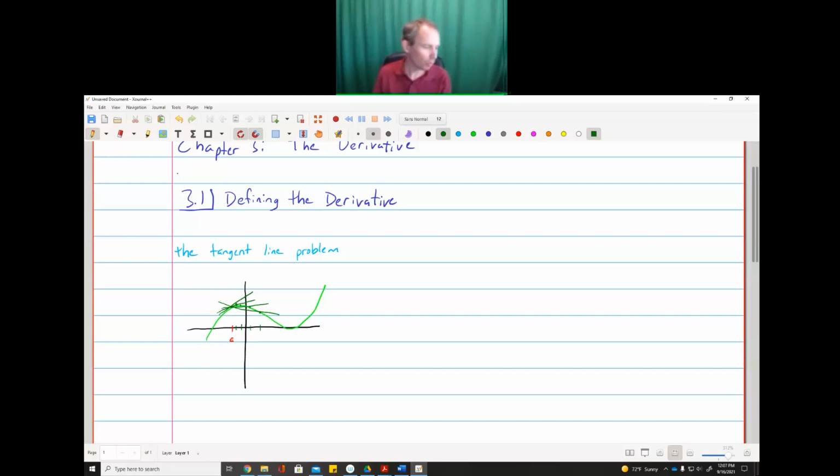So we're going to start by talking about tangent lines and looking at slopes of tangent lines so that it starts to make sense for where our definition of a derivative comes from. Let's start by looking at the slope of a secant line.